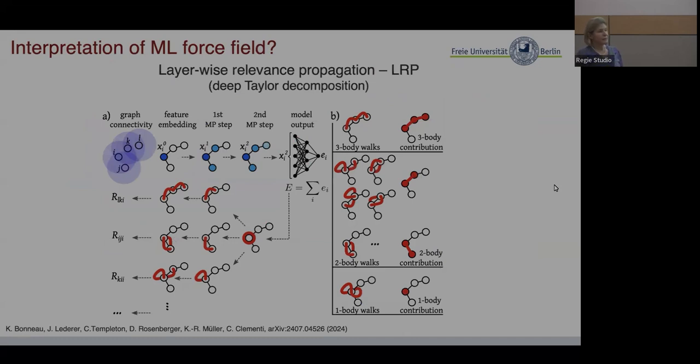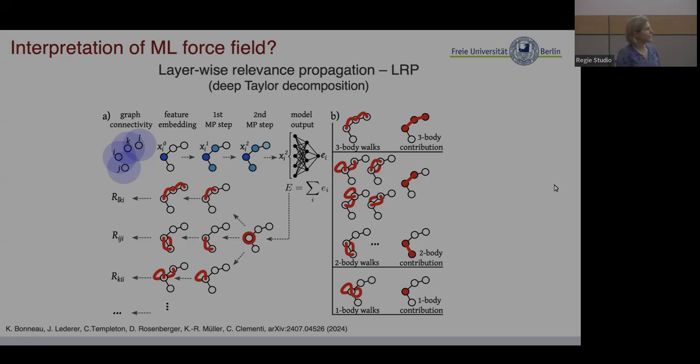Another thing we are really interested in is the interpretation of all of this. Because we learn a force field, but the force field is a neural net. What does it mean? We don't see it in terms of sums of two bonds and so on. So we would like to understand what's going on.